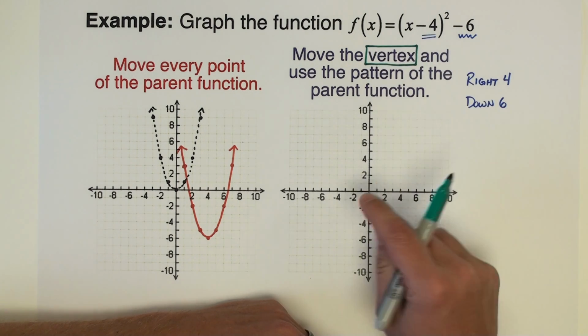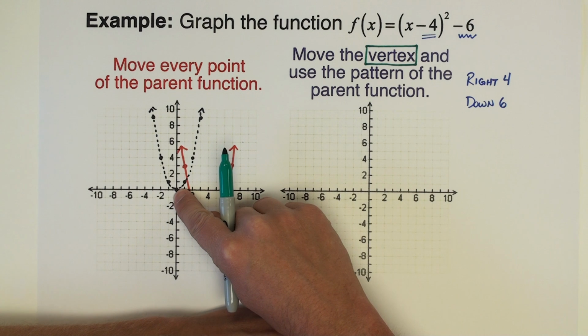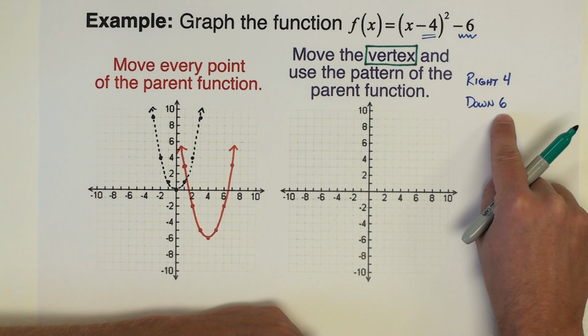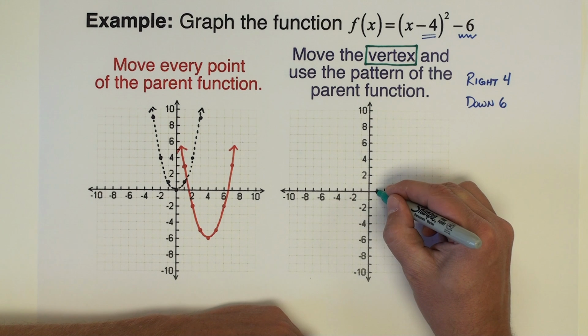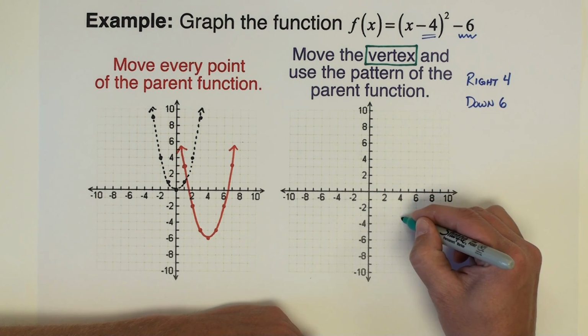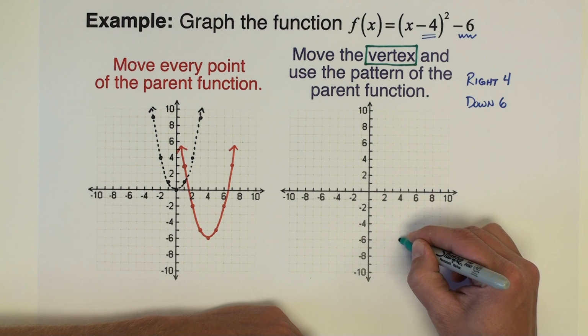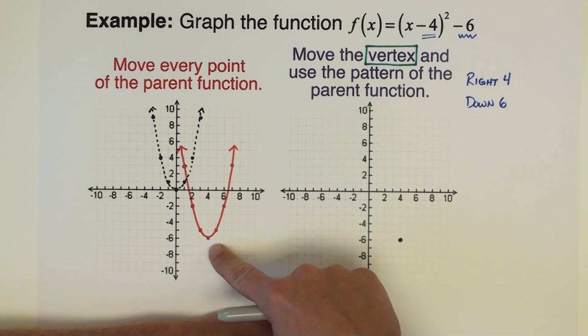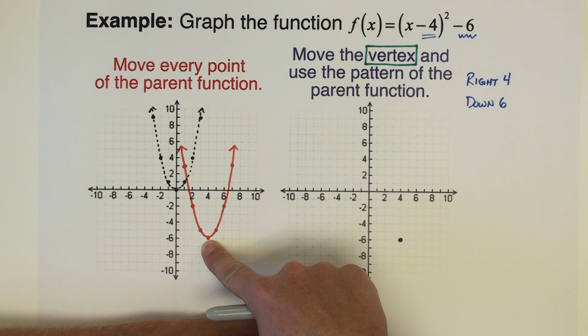My vertex, which is originally at the point 0, 0 at the origin, I'm going to move right 4 and down 6. So from 0, 0, I'm counting 1, 2, 3, 4, 1, 2, 3, 4, 5, 6. So I've got that point. It's in the same place as it is over here on this graph.